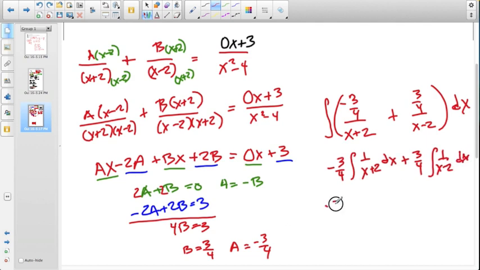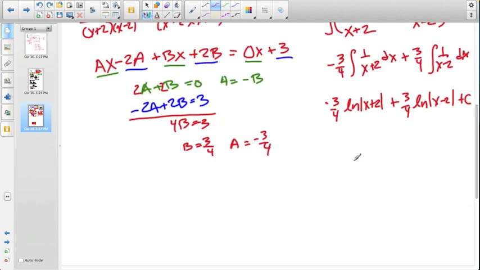And then we've got minus 3/4 natural log absolute value of x plus 2 here, plus 3/4 natural log absolute value of x minus 2 plus c, and then factoring out the 3/4, and maybe you can even jump to the solution already without the intermediate steps, which is fine. Go ahead and do that if you can. But pulling out that 3/4 gives us this.